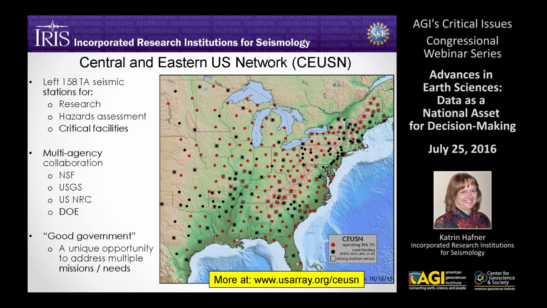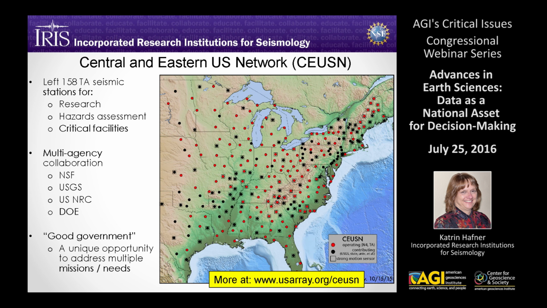So a number of government agencies came together and looked at the existing networks, which are shown in black circles on this map. And they said, well, we've spent all this money building these other stations. We could actually double our monitoring capability with these newly built stations.